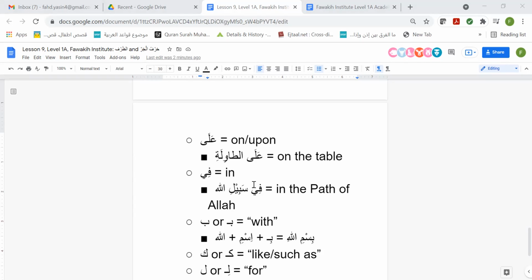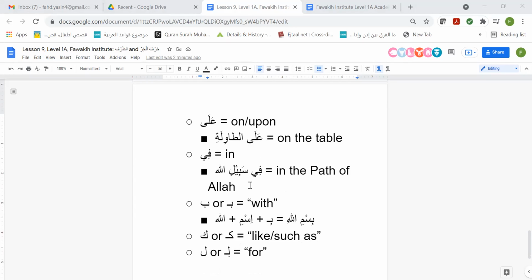No problem at all. So fi usually means in, but it can mean for as well. It just depends on the context. I have seen examples where the word fi could mean in, and it could also mean with or by. It can also mean for. So it just depends upon the context you're using it in.